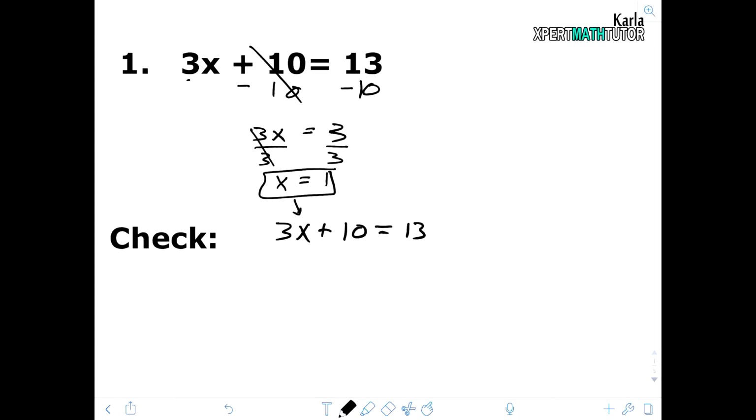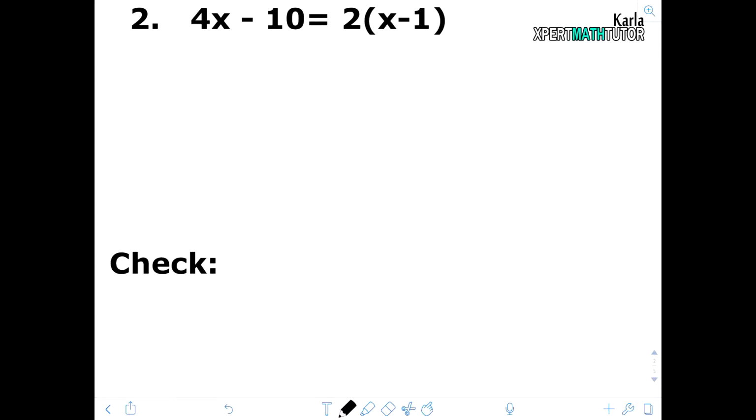So we'll have 3, x is 1, which we just found, plus 10 is equal to 13. 3 times 1 is 3, plus 10 equals 13. 3 plus 10 does in fact equal 13. So x equals 1 is indeed our solution.